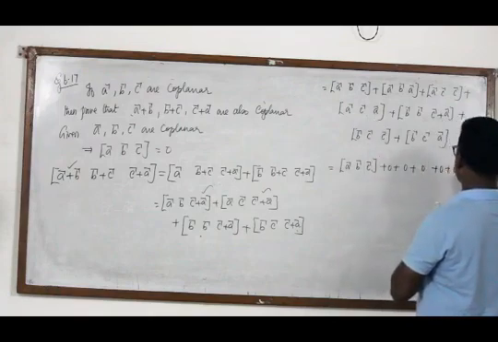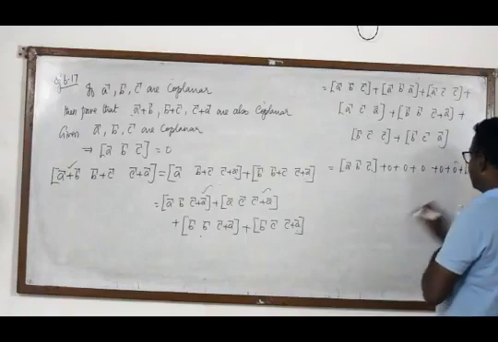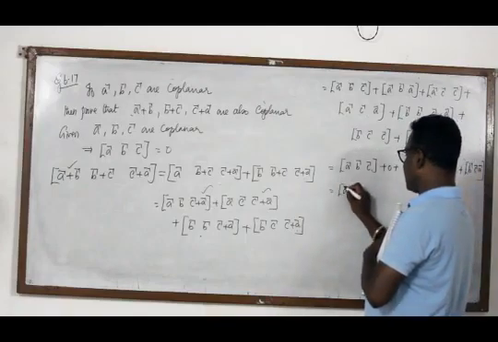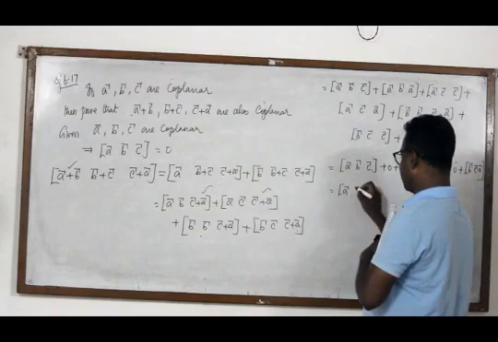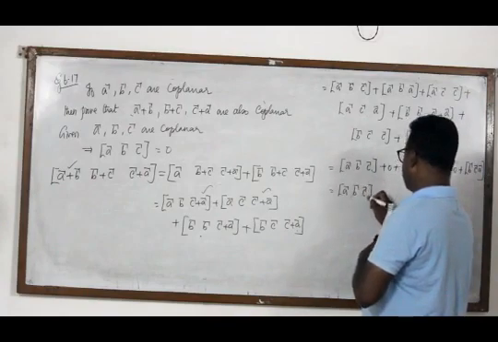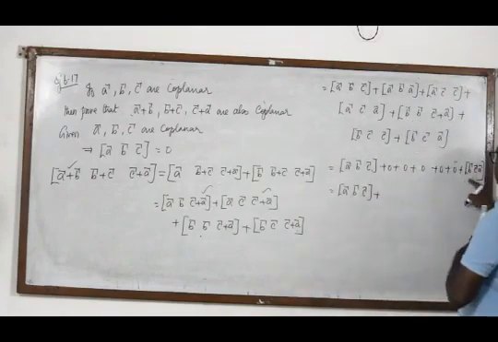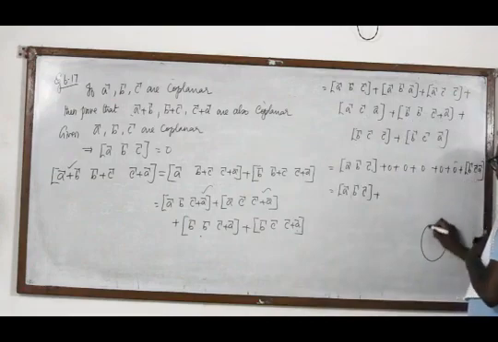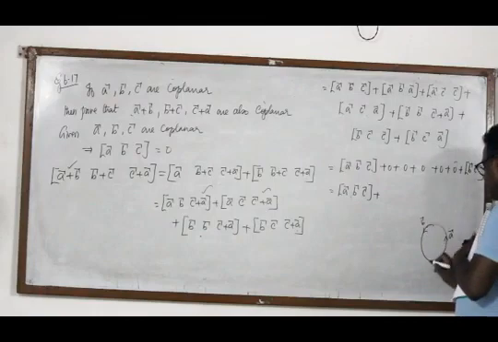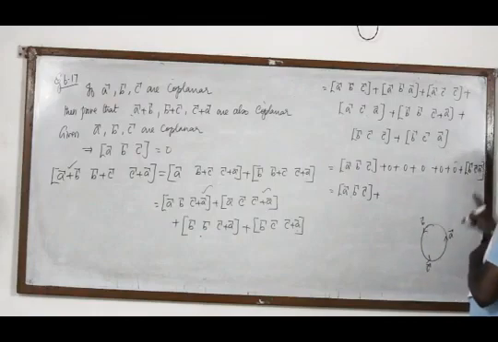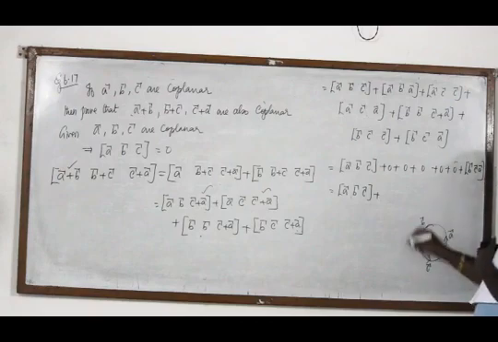This is 0 plus B, C, A. Now, this is A, B, C. Everything else is 0. Can you understand? If I write this one as A, B, C, then this is B, C, A. It can be written as A, B, C, isn't it?